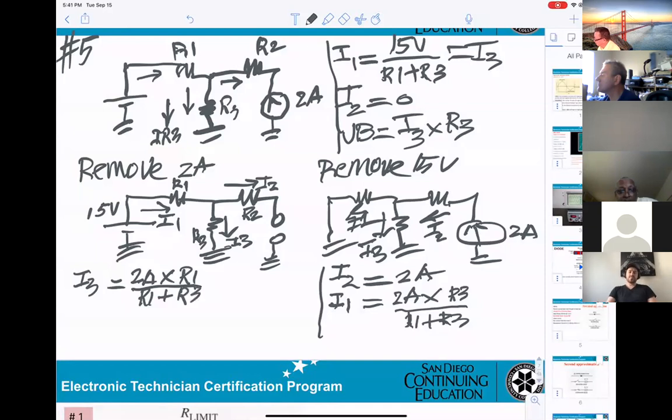And if you want to calculate VB, then you take I3 times R3.